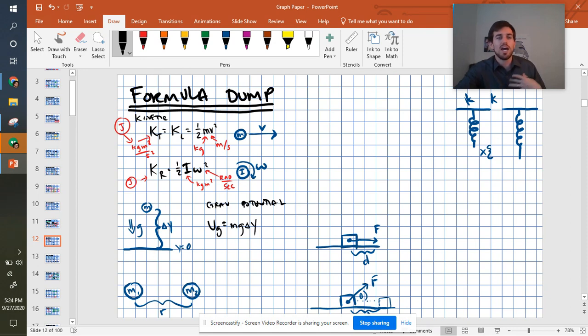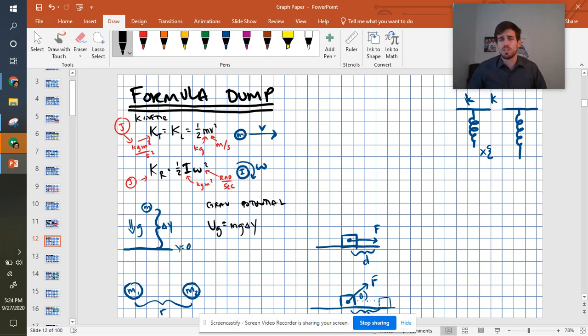Delta y, we use that because we're always talking about how far it is from what we've defined as zero. It's very weird to say zero potential energy absolutely. That only would exist at one point in the universe, like whatever the exact center of mass of the universe is. But for practical reasons, we can just say, let's call this spot here zero.